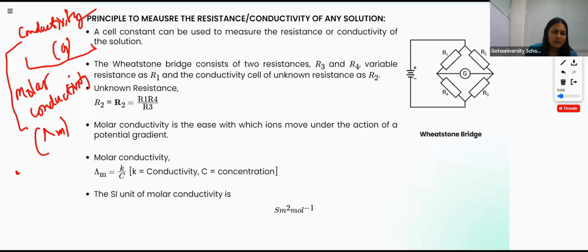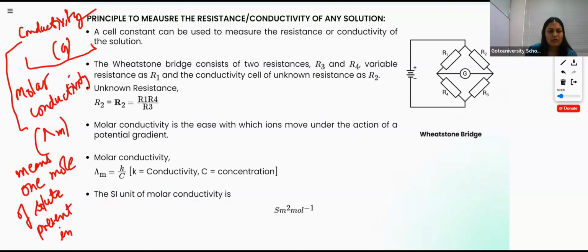Molar conductivity means 1 mole of solute present in solution. Or the molar conductivity of a solution means that the solution is of 1 molar concentration. Say if we are preparing a dilute solution, the molar conductance for a 1 mole solution, as we have discussed in our previous sessions, will be 1 ml of solute, and the rest will be the solvent.